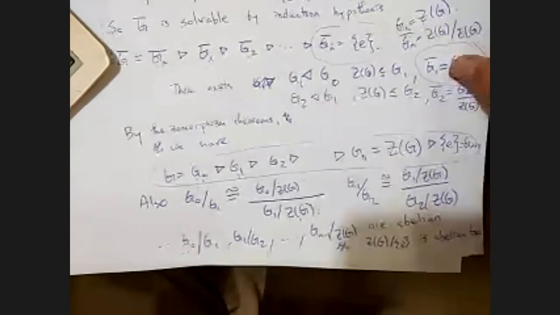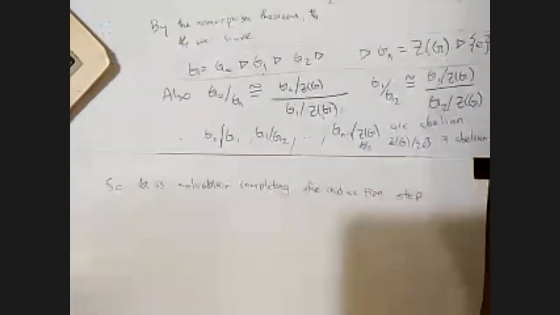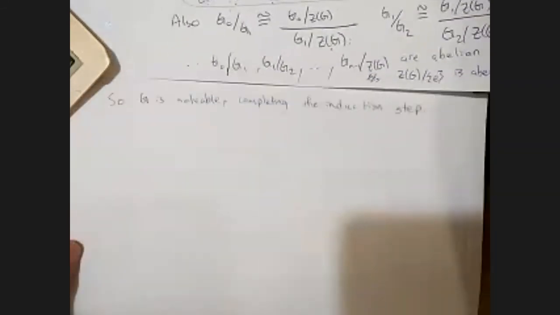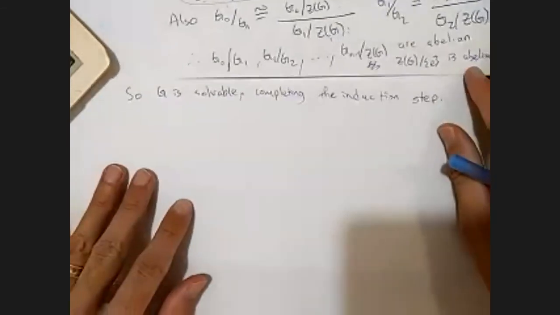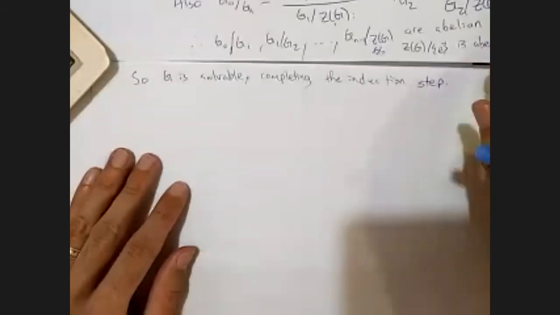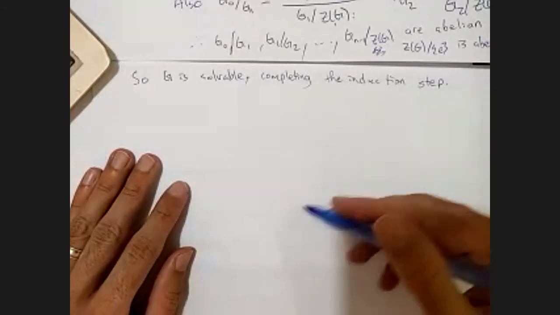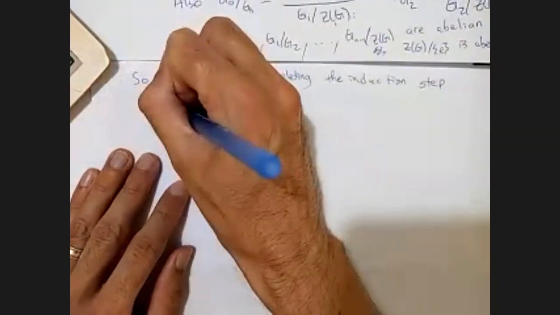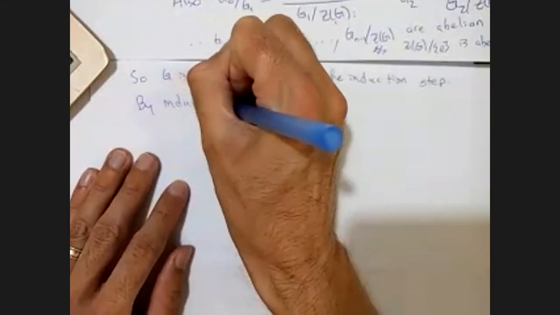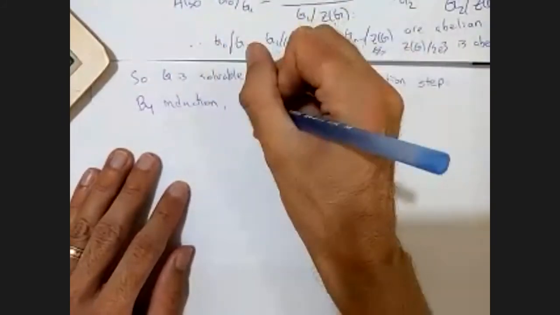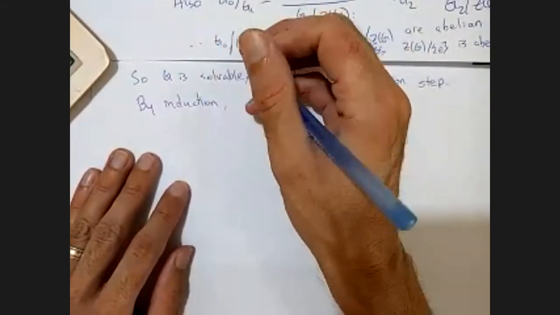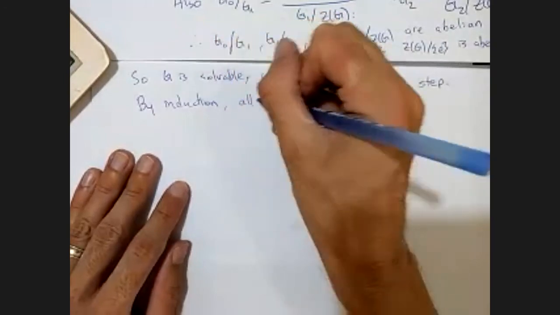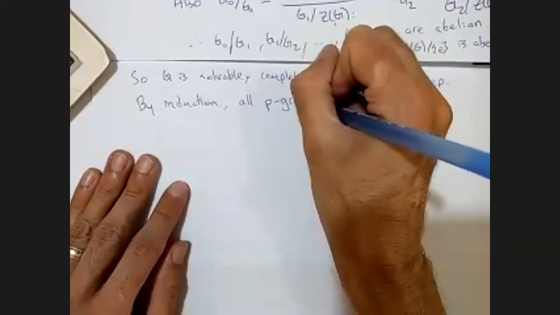So if we accept all that, we've completed the induction step. So now by induction, all p-groups are solvable.